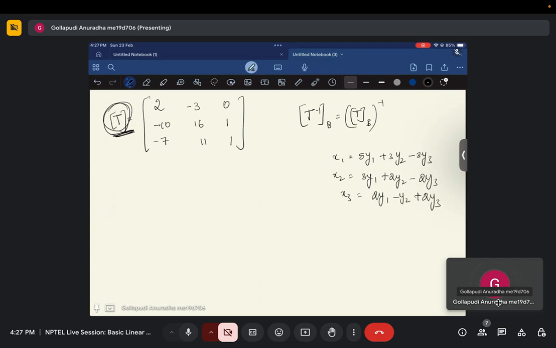Let's see. What is the determinant for this? The determinant is 1, right? Yes, correct. Now we need to find the adjoint. For that, let's find the minor first.